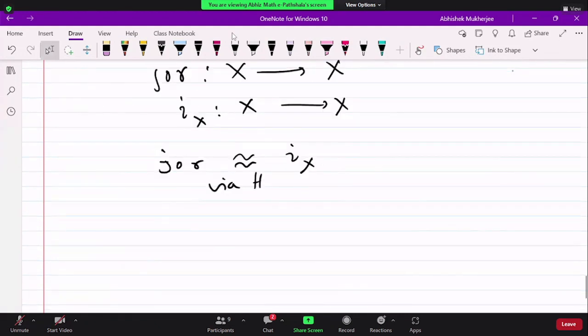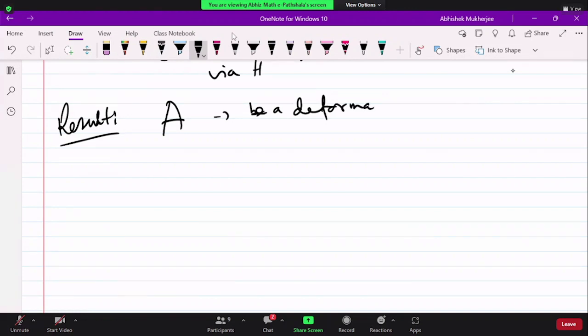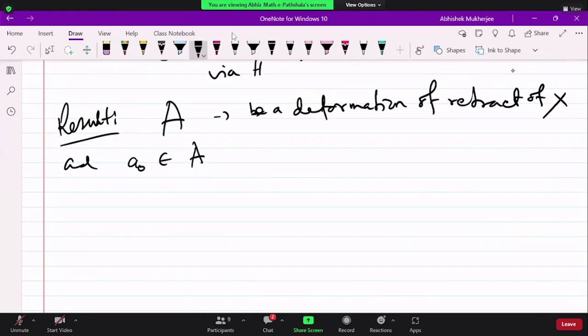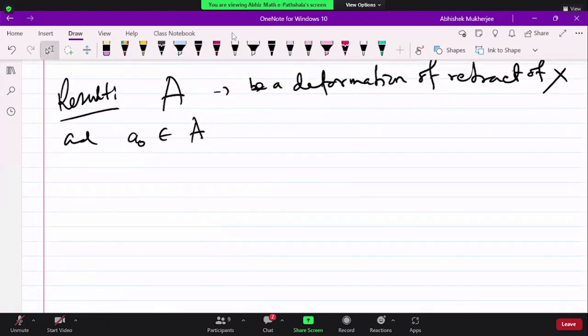Just by using this result: if A be a deformation retract of X, and suppose you take a point, let us call it A naught, then you have a choice of map, which is the inclusion.